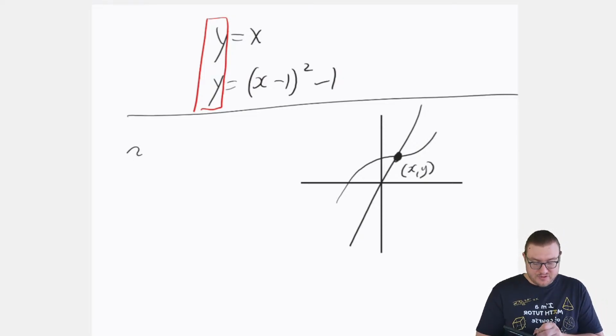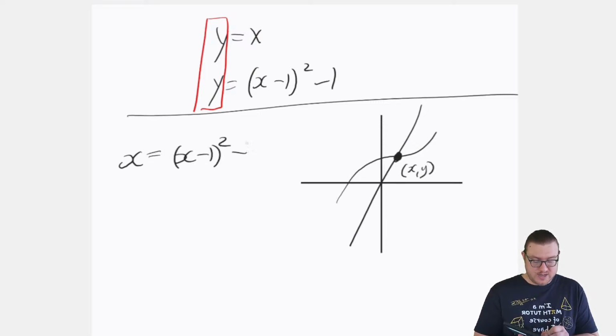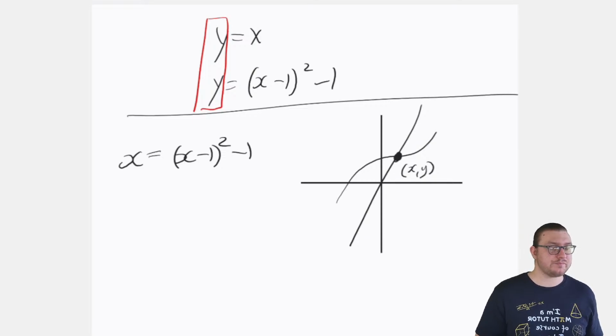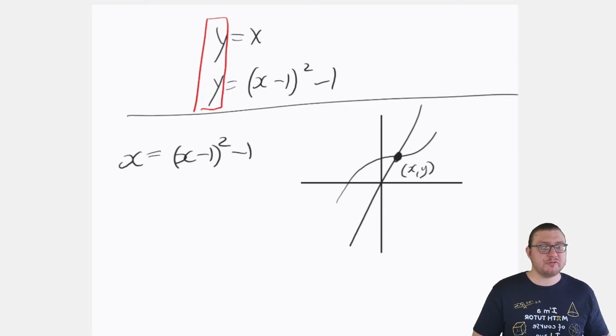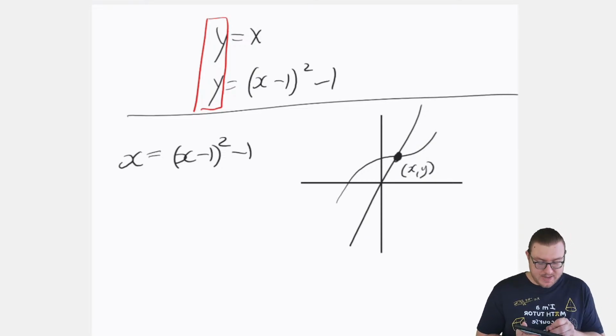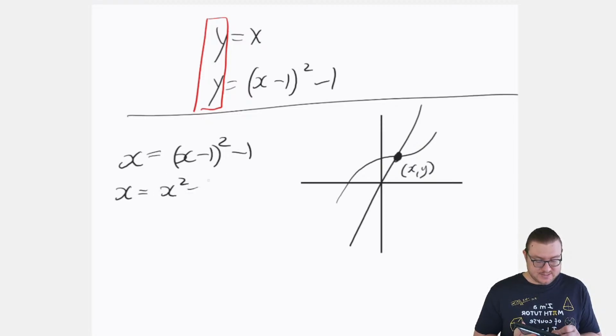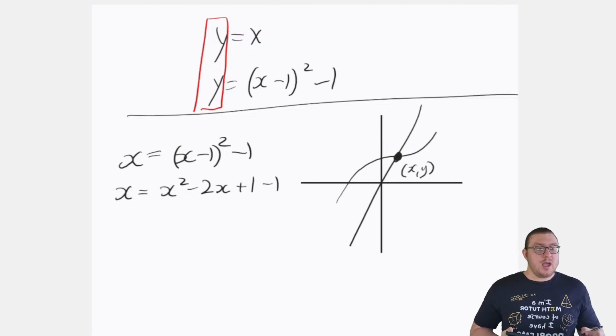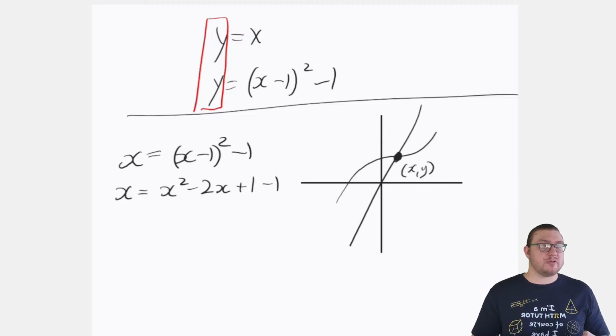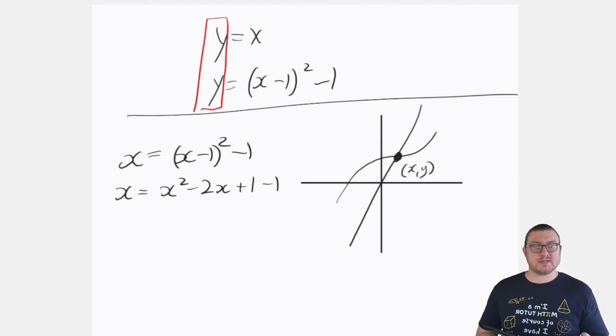So what we have here is x is equal to (x minus 1) squared minus 1. Now, if we want to solve this, a good idea would be to expand here. So we're going to get x is equal to, and I will expand this real quick for you because we're running a bit behind. Now we want to make sure this is equal to 0.